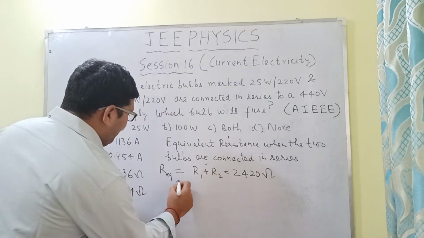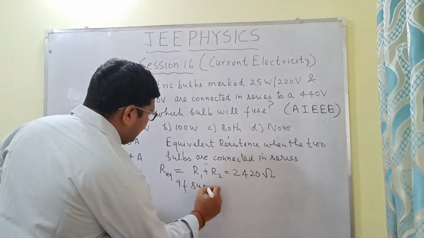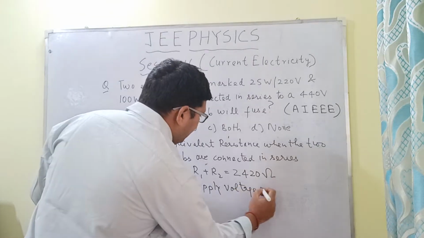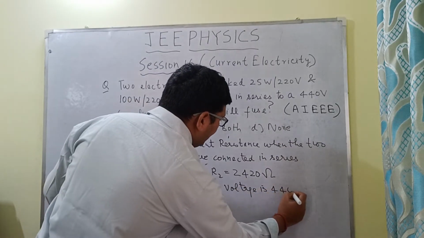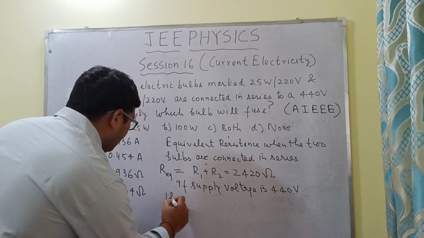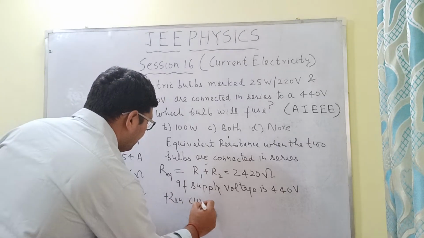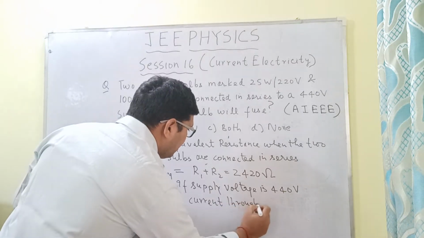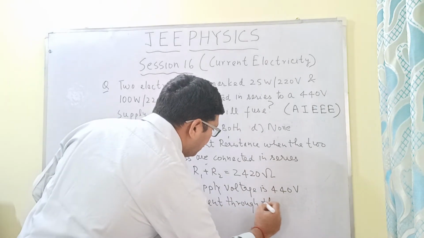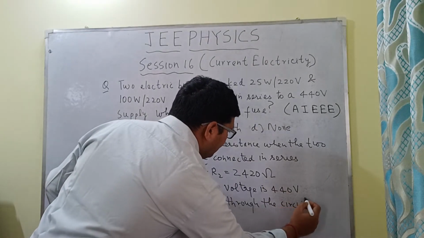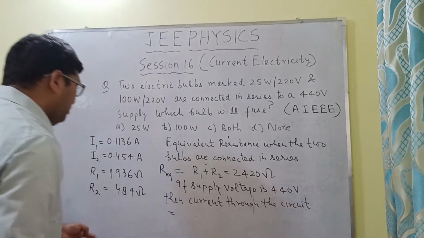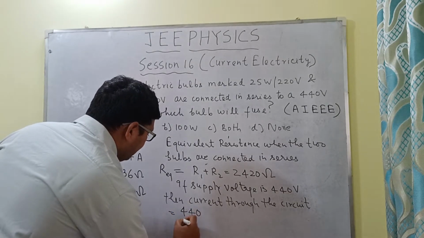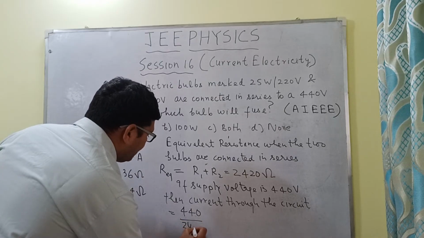ठीक है. So if the supply voltage is 440 volt, then current through the circuit कितना हो जाएगा? Then the current through the circuit is equal to V upon R, which is equal to 440 upon R. R is equal to 2420.